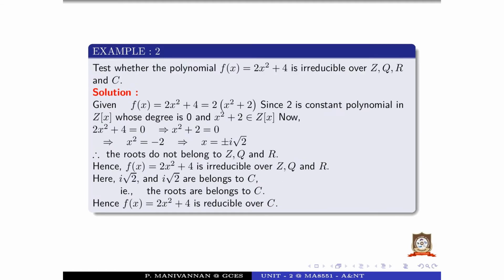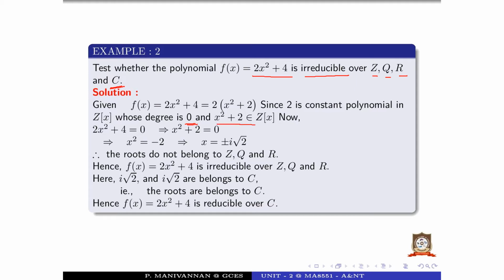Okay. Then the next example: test whether the polynomial f(x) equal to 2x squared plus 4 is irreducible over Z, Q, R and C. Given f(x) equal to 2x squared plus 4, which implies 2 into (x squared plus 2). 2 is a constant polynomial whose degree is 0.